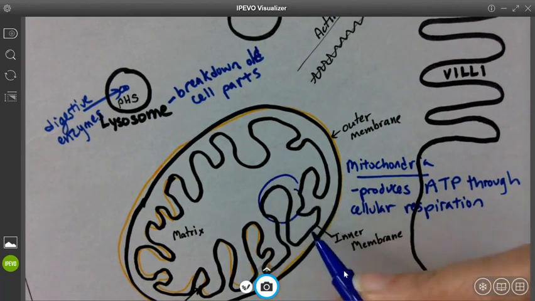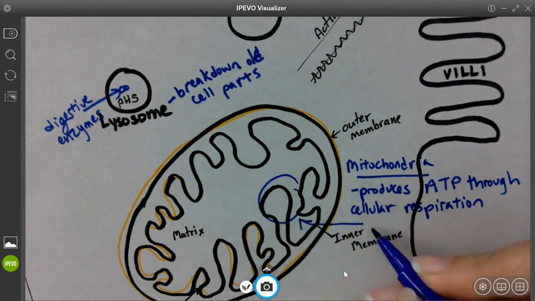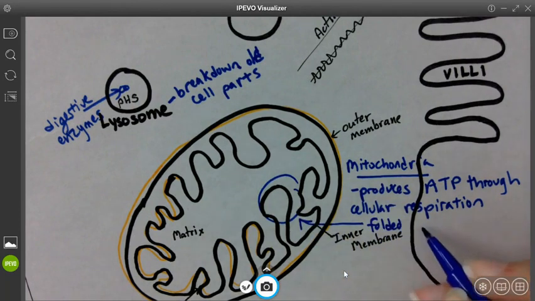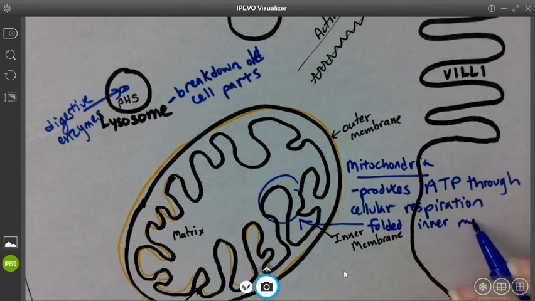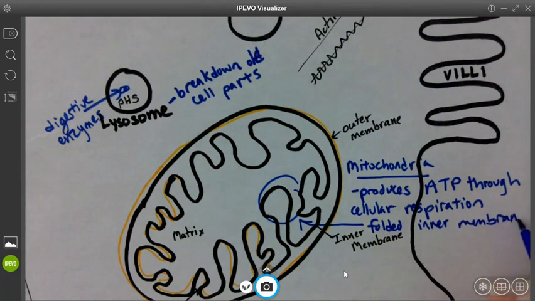This folded inner membrane brings back a concept we already talked about, which is the importance of a high surface area. This folded inner membrane helps increase surface area for reactions.